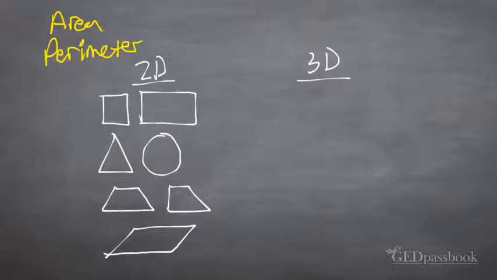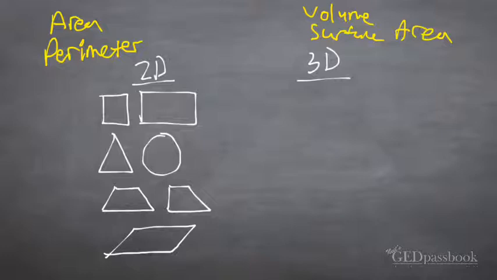Area and perimeter. In 3D world, we are going to deal with something called volume and surface area. Surface area, but that's for that side of things. In the 2D world, we just deal with area and perimeter, and that's what we're dealing with today.